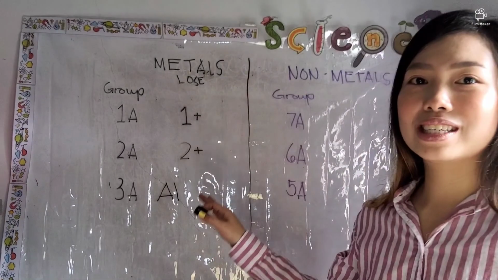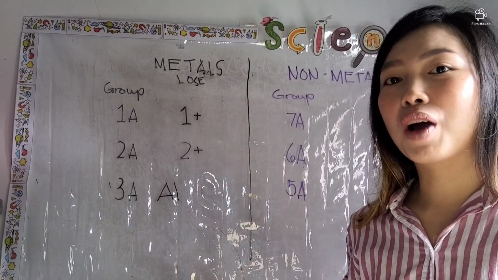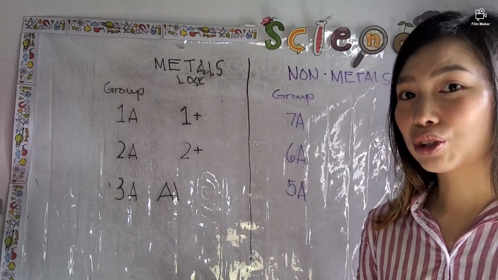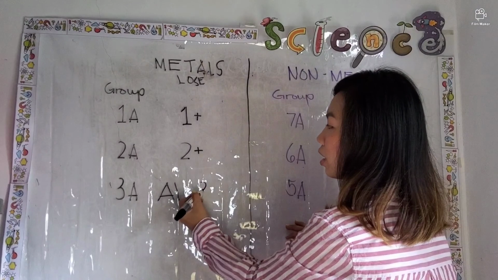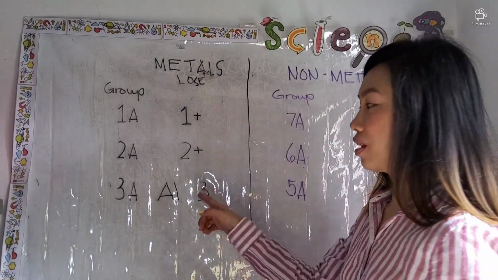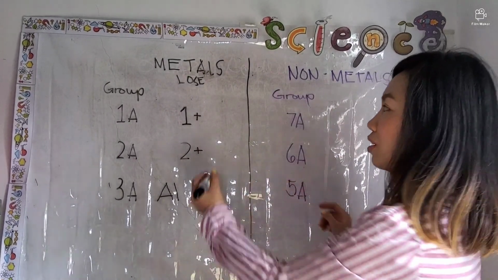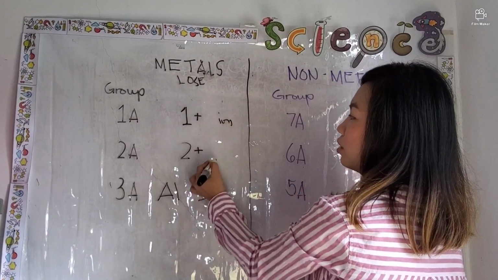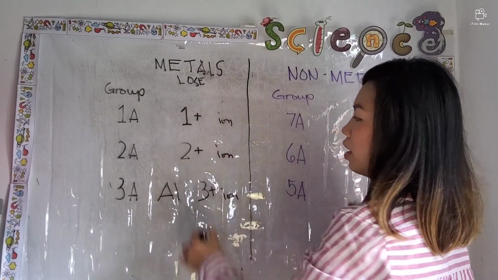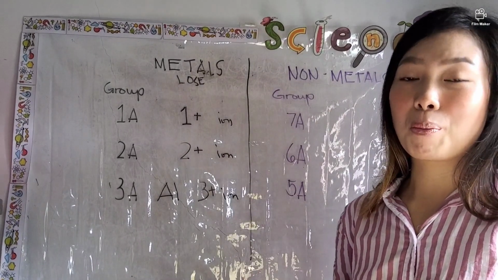So this is only strictly for aluminum. And aluminum found in group 3A will lose 3 electrons. That's why the ion will become 3 positive. So these are positive 1 ion, positive 2 ion, and then positive 3 ions for group 1, group 2, and group 3 of metals.